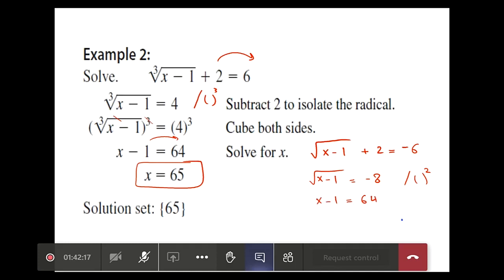Okay. Now x equals 64 plus 1, equal 65. Okay, this is correct.